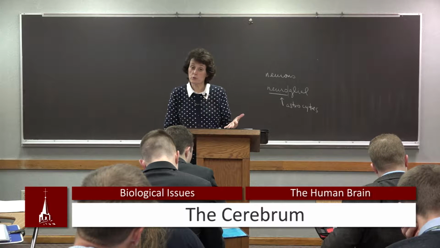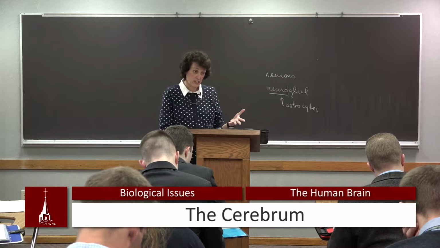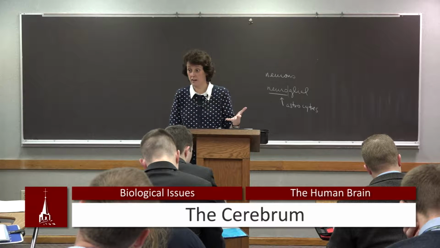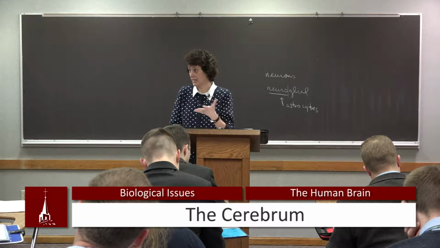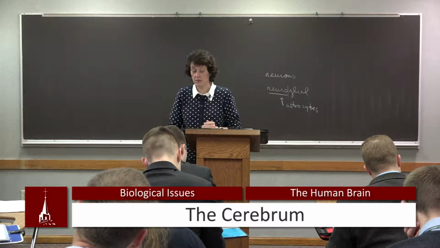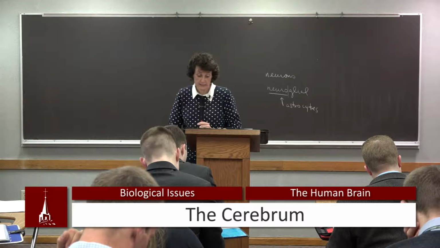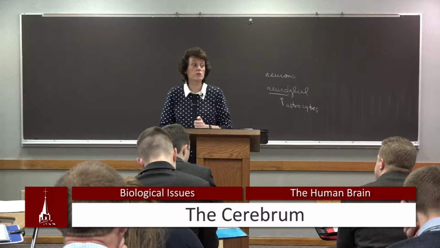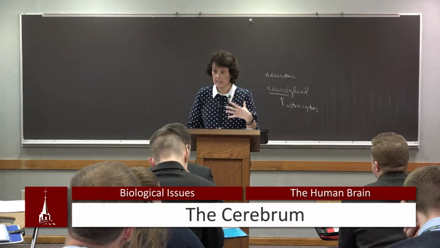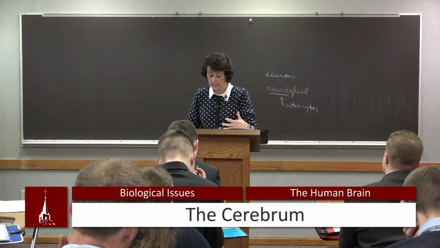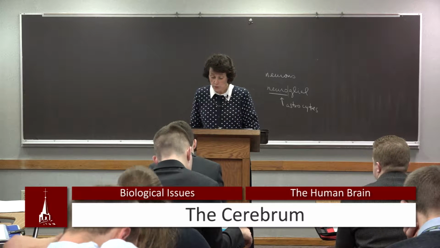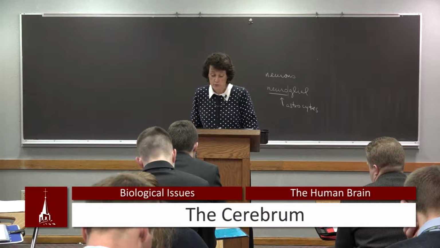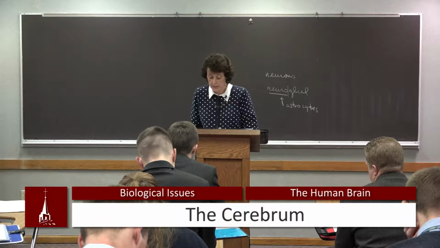Because when the cerebral cortex is damaged, people have alteration of their behavior, their personality, and so forth, if you have enough damage to the cerebral cortex. So when we're talking about brain damage, we're mostly referring to the cerebrum and its functioning layer, the cerebral cortex.